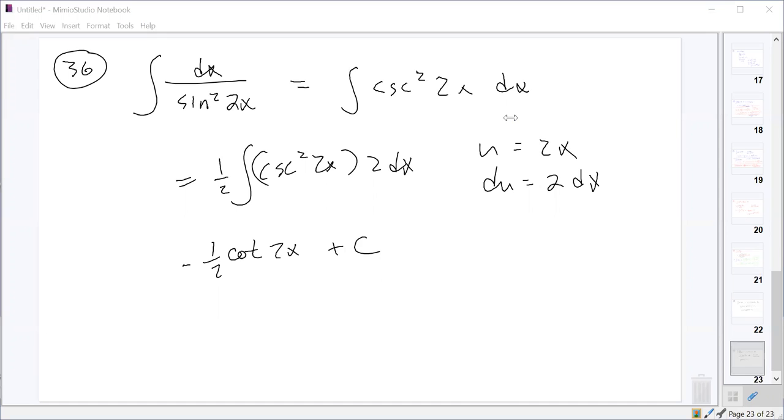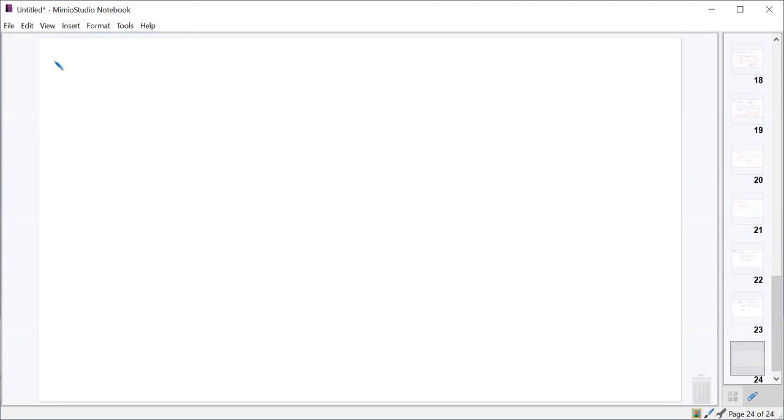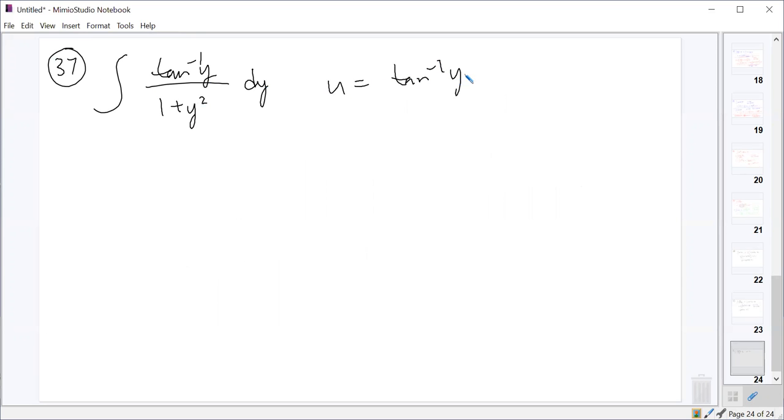All right, we got 2 more problems here. Next one should be quick, and I haven't looked at what the other one is. So, 37, we got inverse tangent of y over 1 plus y squared dy. So this is just a u sub. U equals inverse tangent y, which I hope you guys would recognize.